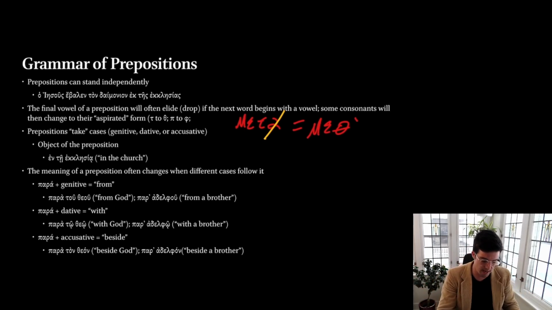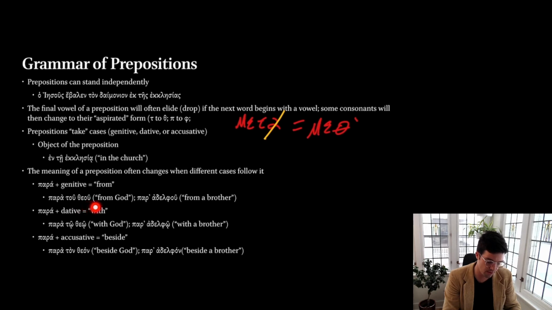So, for example, para has three different prepositional meanings. It can be translated three different ways depending on what comes after it. So if it's followed by a genitive, it's going to mean from. If it's followed by a dative, it's going to mean with. And if it's followed by an accusative, it's going to mean beside. So I give you an example of each one of these here.